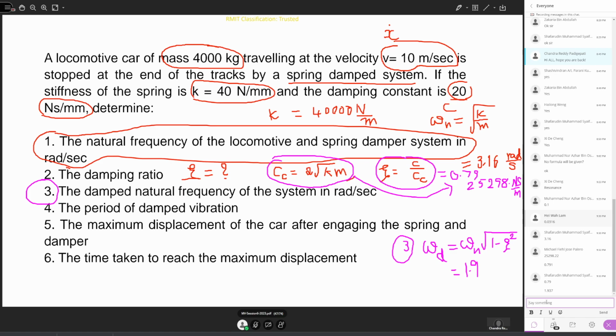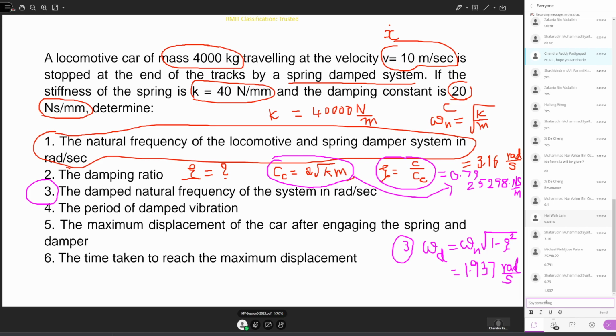So 1.937 radians per second. Then you can try number 4.